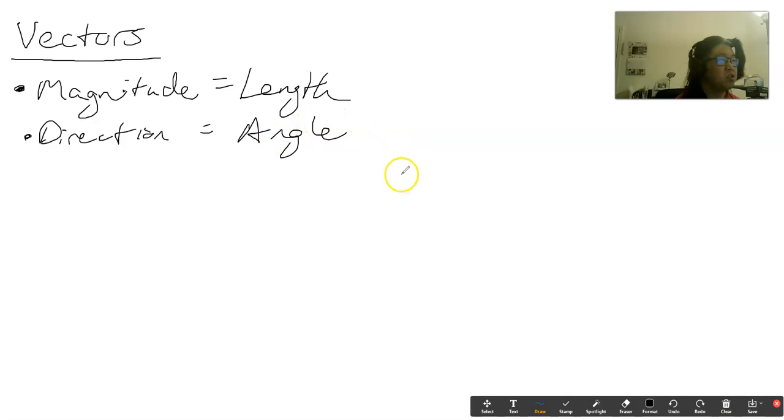Those are the two primary components of a vector. The smaller components, which I'm going to star here, are the head of the vector and the tail. I'll talk about these later when we actually get to see what the vector is. But basically, it's a thing that has magnitude and direction.